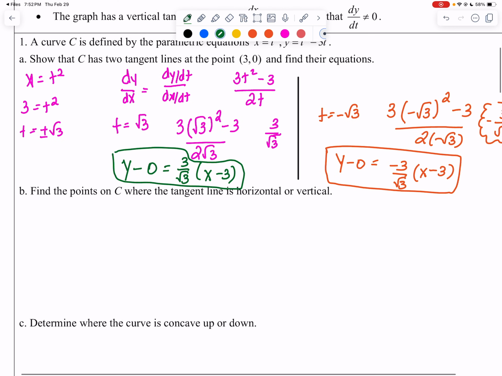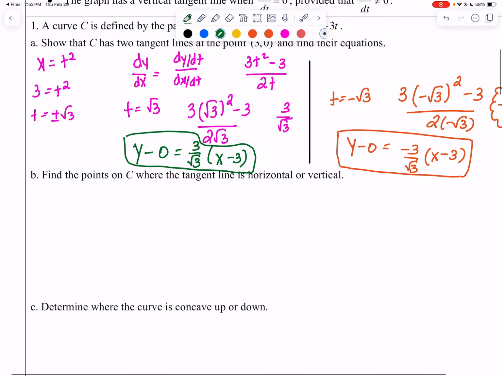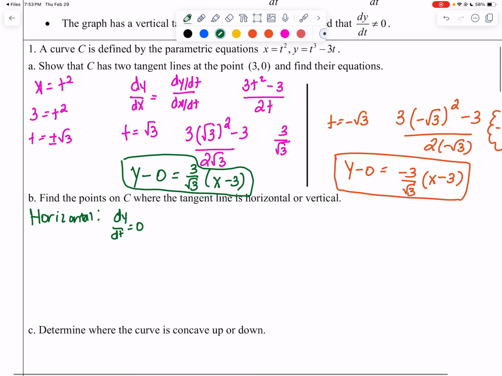All right. Part B says, find the points on C where the tangent line is horizontal or vertical. Well, if my tangent line is horizontal, this is whenever dy dt is equal to 0. So that means that I'm going to set 3t squared minus 3 equal to 0.